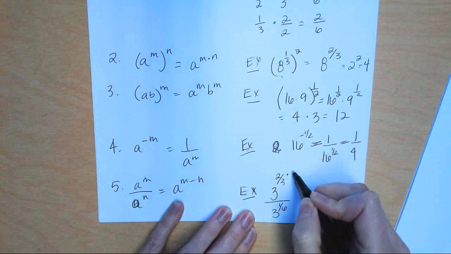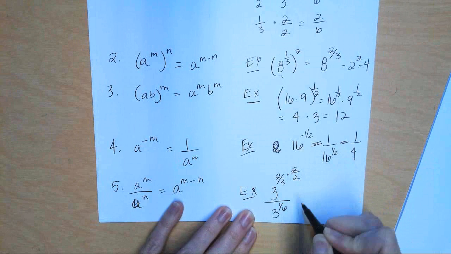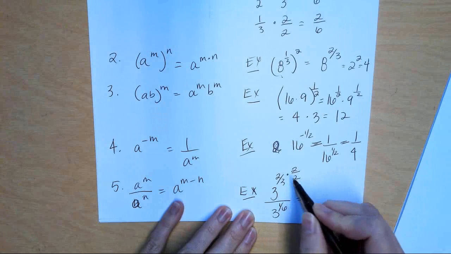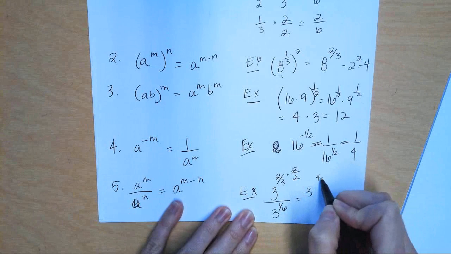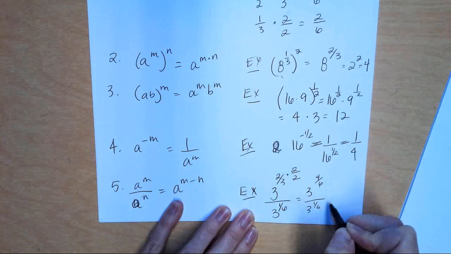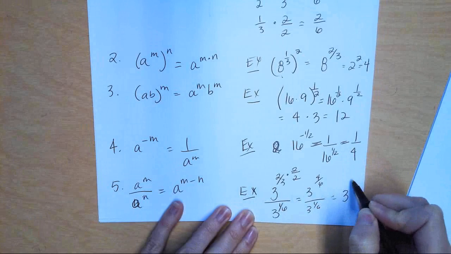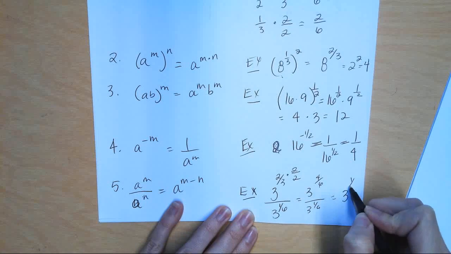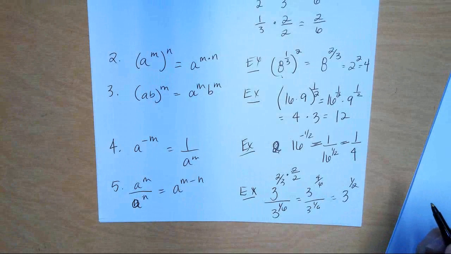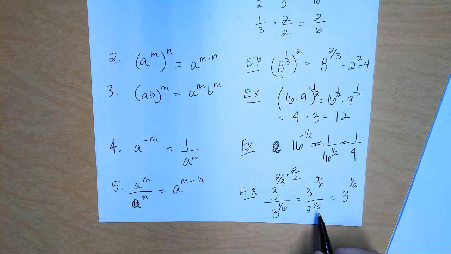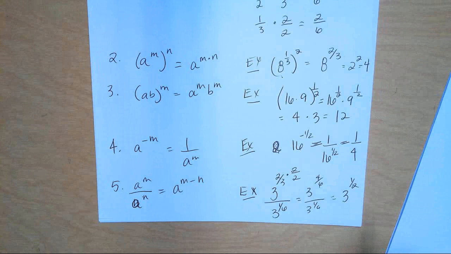So I'm going to multiply this by 2 over 2. This stays the same. So this gives me 3 to the 4/6 over 3 to the 1/6. And when I subtract, that gives me 3 to the 3/6 or half. It doesn't reduce to anything.